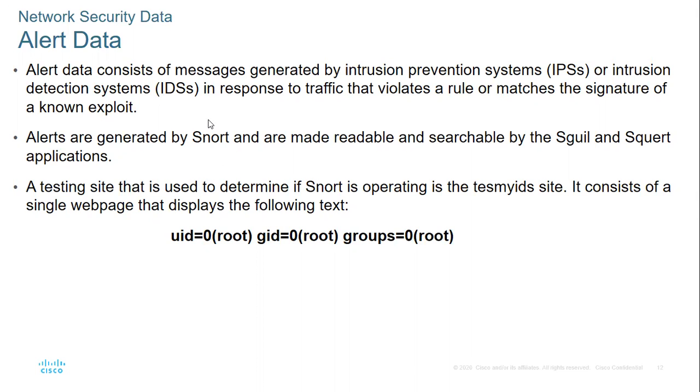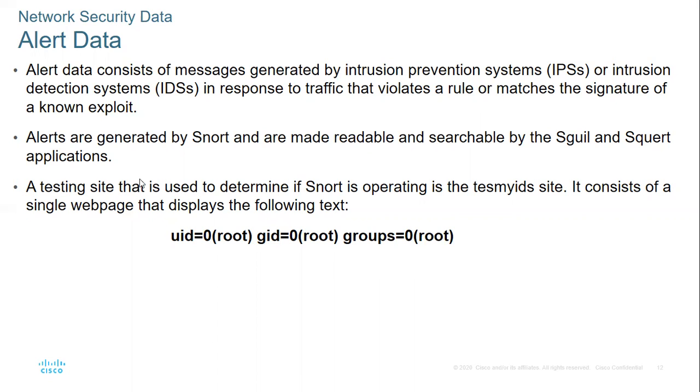These alerts, you can read them and search for them by using applications such as Sguil and Squert. In our course, we are going to look at Sguil in detail.